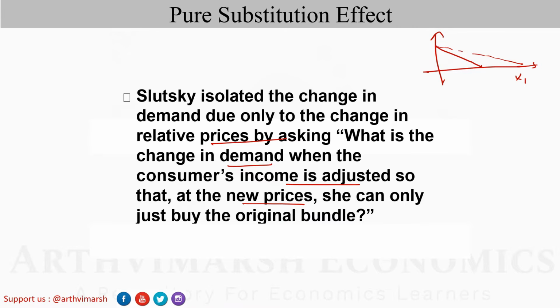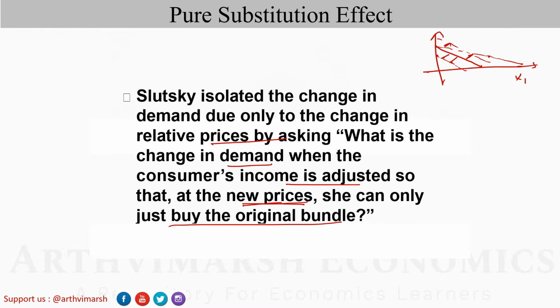So Slutsky basically is questioning what will be the change in demand when the consumer income is adjusted. Now the income adjusted can be either backward or towards the right also, right? It can be increasing or decreasing depending upon how the price change has taken place, at the new prices, and how much the income has to be adjusted so that the consumer is able to buy the original bundle.